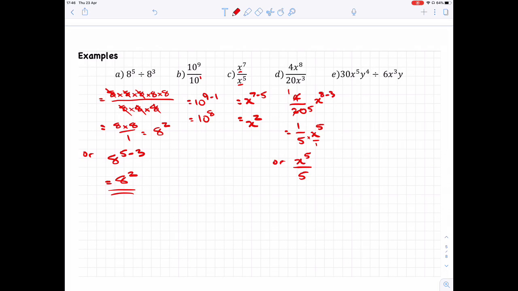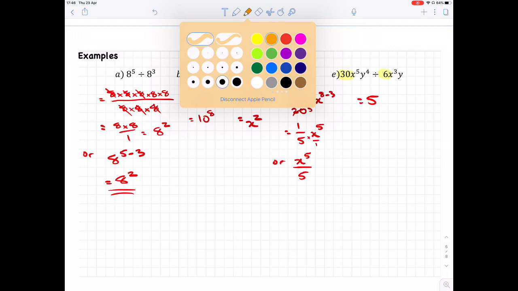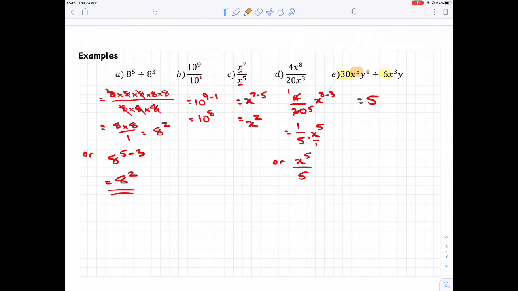Now, looking at our final example here, we just need to work through it, breaking it into the different components. So let's start with our numbers, and we have got 30 divided by 6, which gives us the answer of 5. We are now going to look at our x's, and we've got 5 and 3 there.